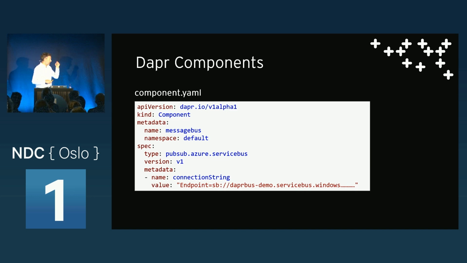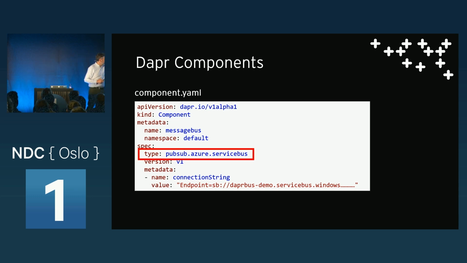Then you define this component file, and you give it a type. So in this case, this is actually how Dapr knows which of the implementation of this building block that it should use. So in this case, I'm pointing it to Azure Service Bus. And then depending on what type I'm using here, it is going to need some metadata. In this case, the connection string to the service bus and so on. And then that's really all that you need to do.